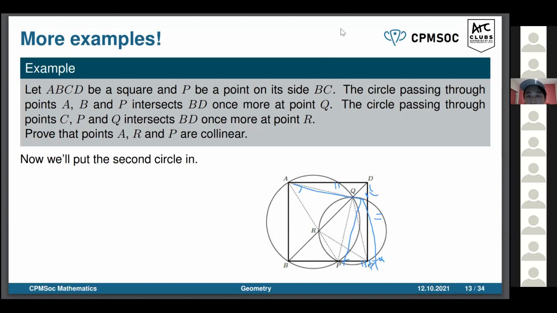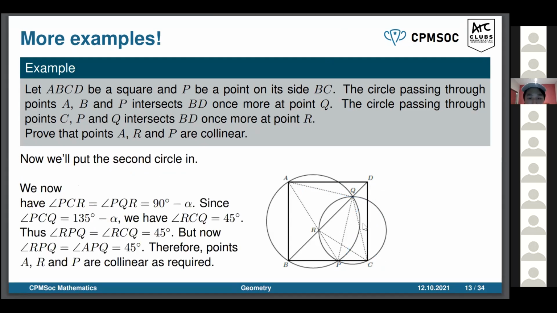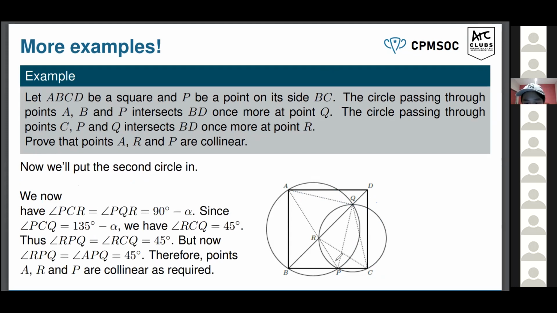And now it gets a little bit messy, but just try to follow and remember what we did. We now have PCR, that could get really messy. PCR, the angle here, is equal to PQR, which is 90 minus alpha.